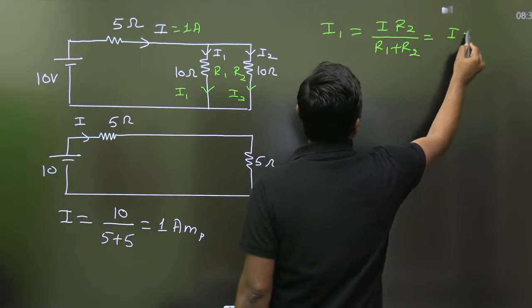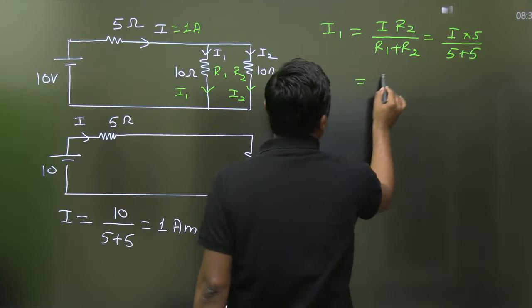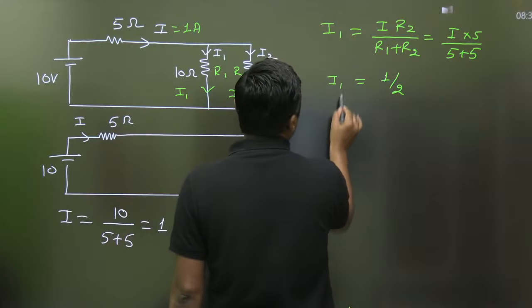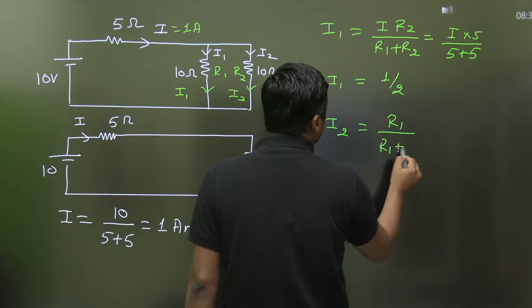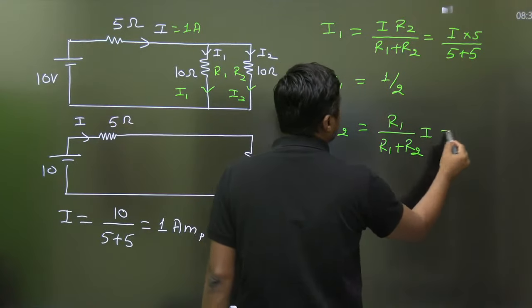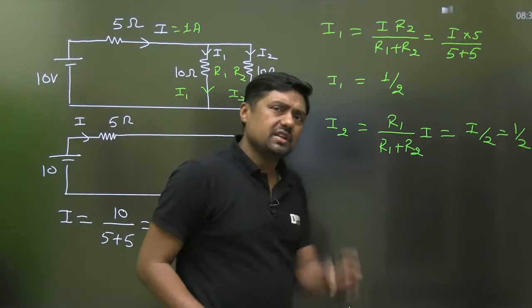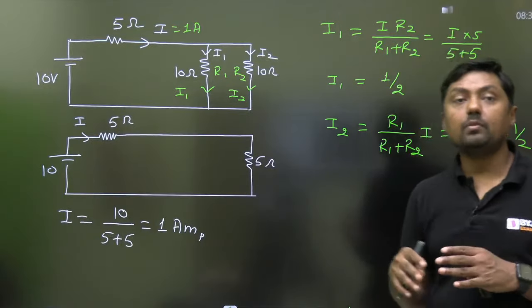Since both the resistors are equal, it is half of that. Similarly, you can find I2 is equal to R1 upon R1 plus R2 into I, which is 1 by 2. Is there any doubt? Okay, Sapna, right answer: I is 1 ampere, I1 and I2 are 1 by 2 each.